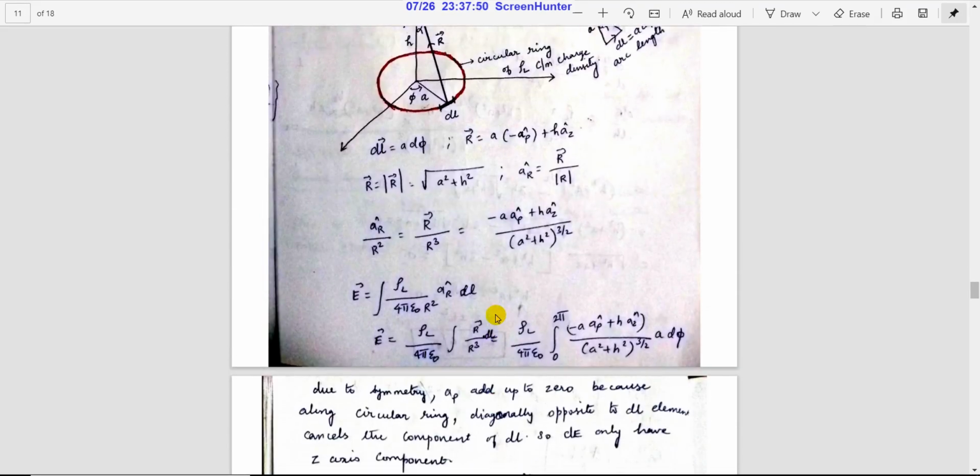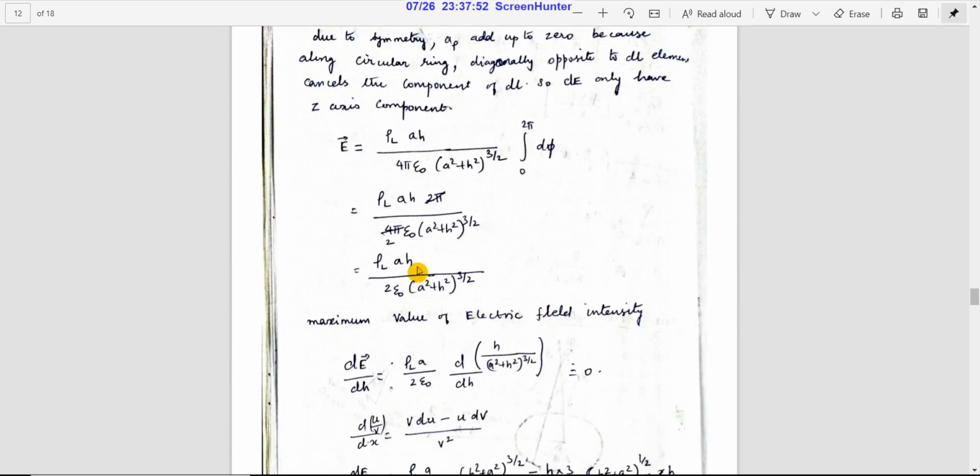If we have the particular H value, the radius of this circular ring, and also the medium's permittivity value, we can find out the electric field intensity due to that ring.